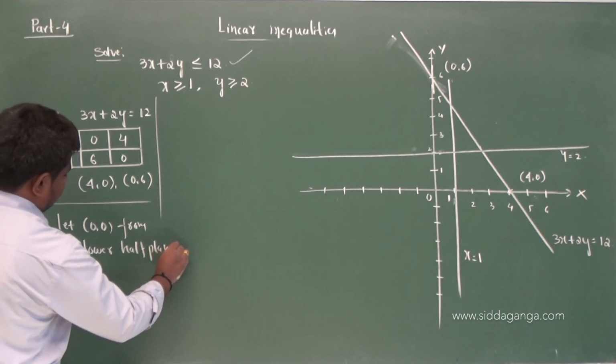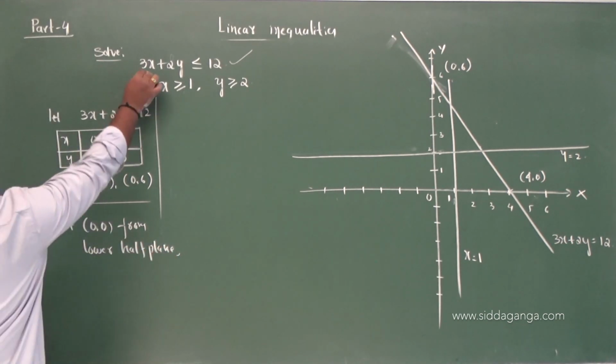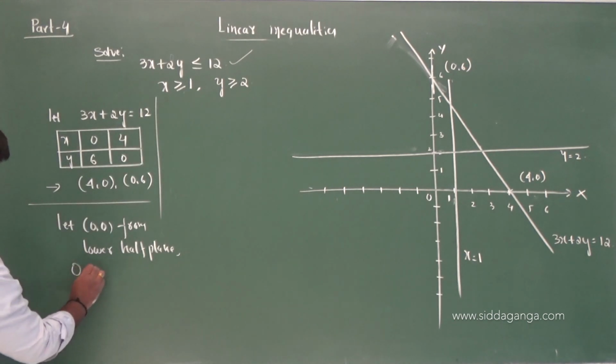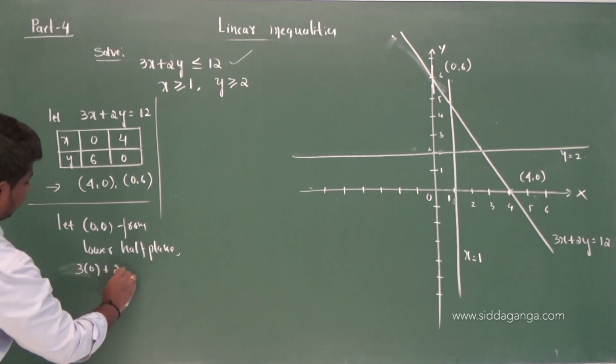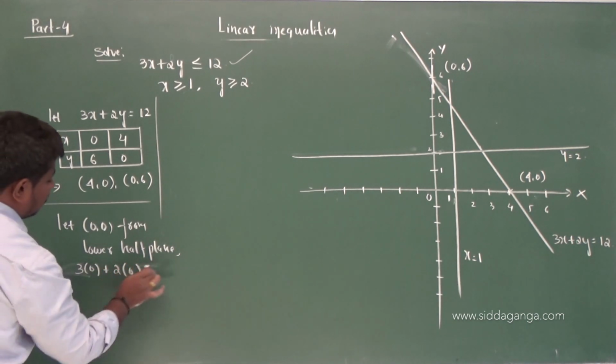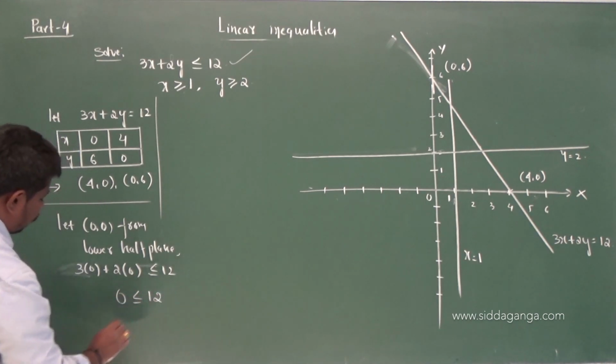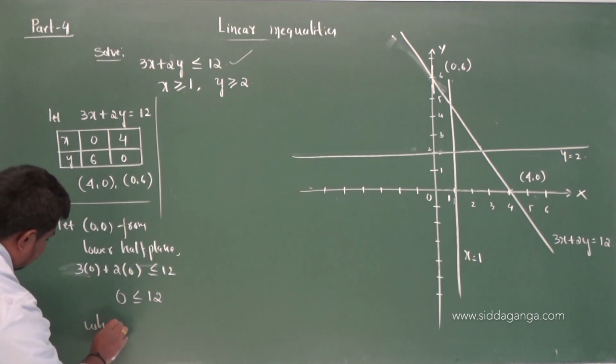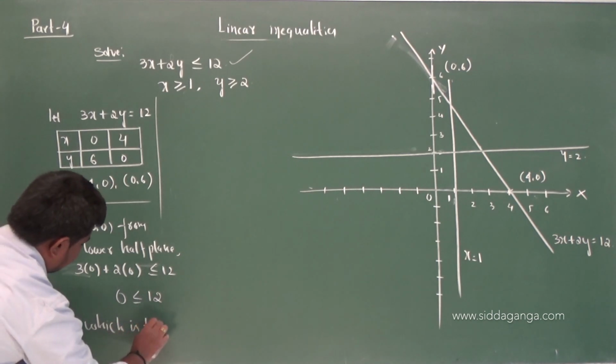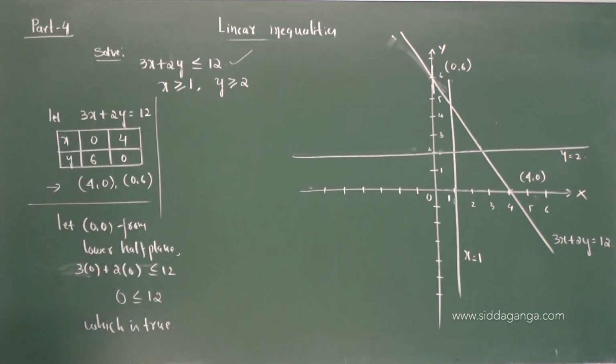Then substitute this in the inequality: 3 into 0 plus 2 into 0 less than or equal to 12. Yes, 0 less than or equal to 12, which is true.